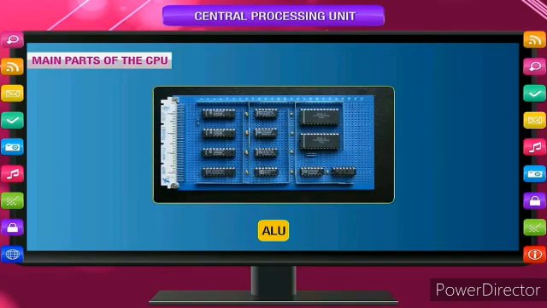ALU: it is the arithmetic and logic unit that performs all calculations and logical operations.